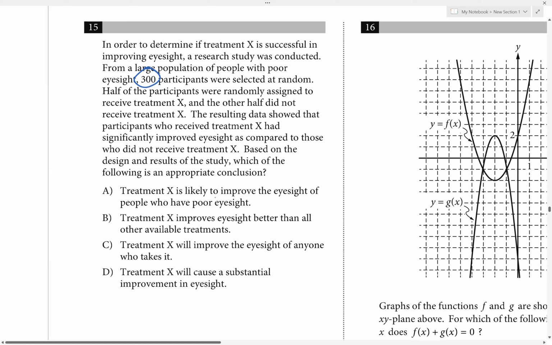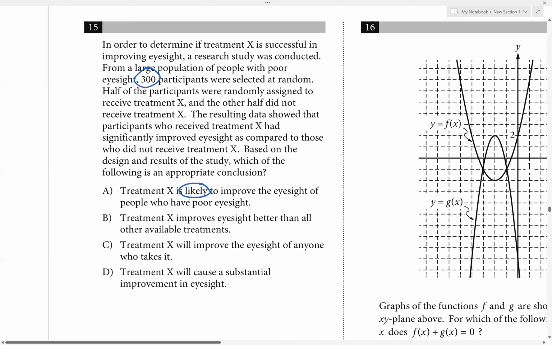That sounds very reasonable. And notice the phrase they're using in answer choice A is "likely," and that's what we're seeing in the result. It works, so we can say it's likely to improve. So for A, let's just leave it for now, but A does sound good.